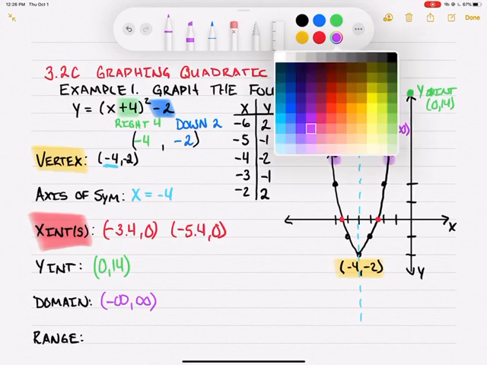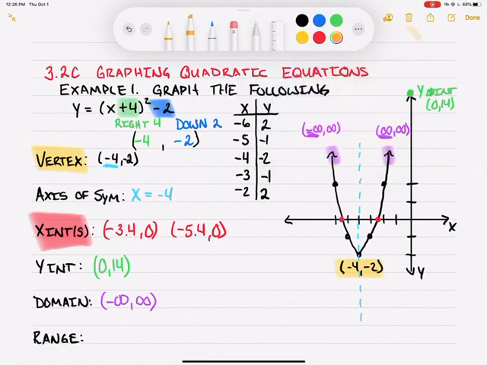My range comes from the y values off of the arrows, which are both positive infinity, also the y value off of the vertex. So my range is going to be from -2 to positive infinity.